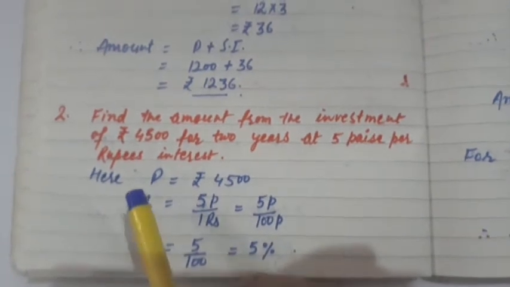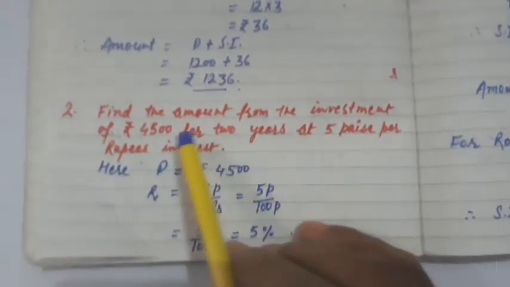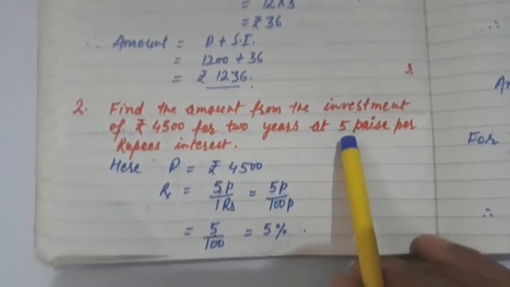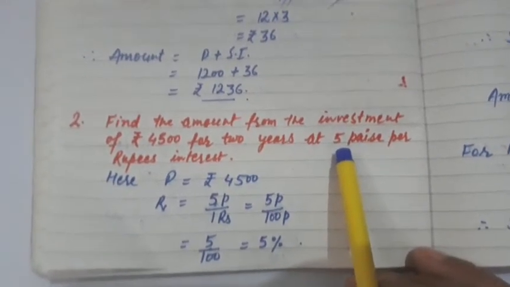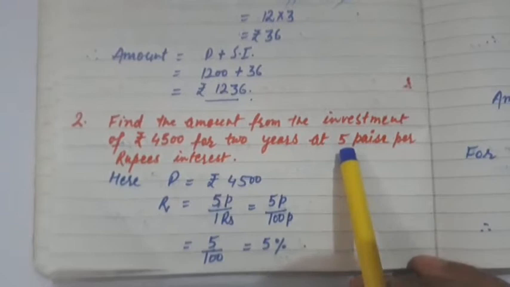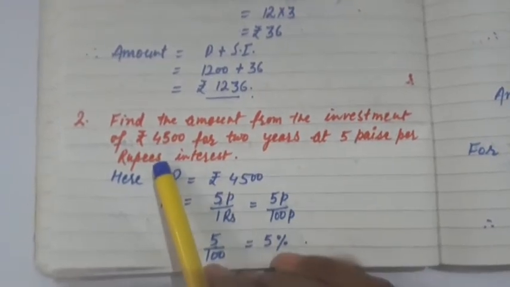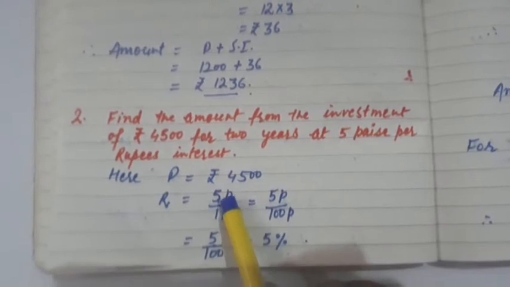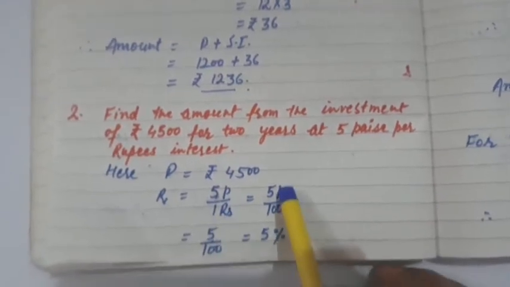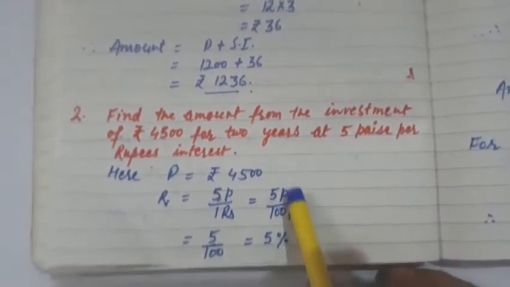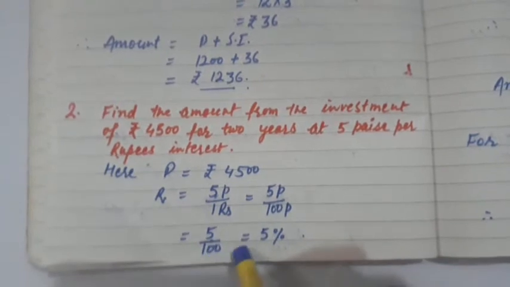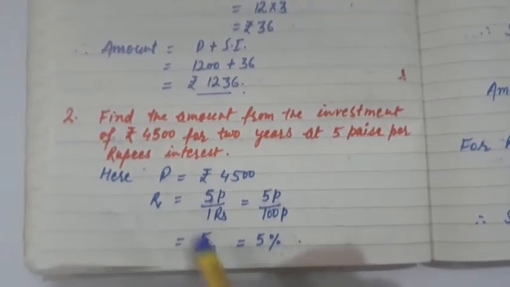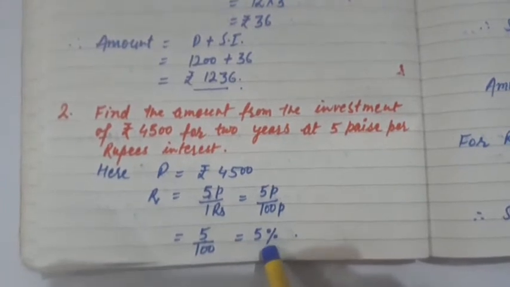In this part the principal is 4500, the time is 2 years, and the rate of interest is given as 5 paise per 100 paise, meaning 1 rupee means 100 paise. So the rate is 5 paise upon 1 rupee, that is 5 paise upon 100 paise. Paise we can cancel, and 5 upon 100 we change into 5%. Therefore the rate of interest in this case is 5%.